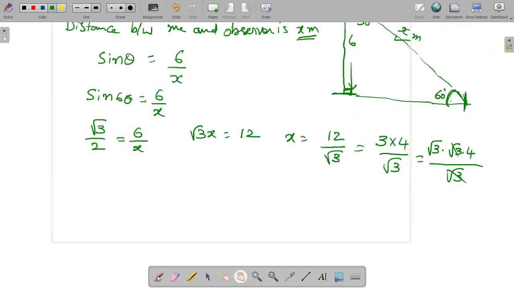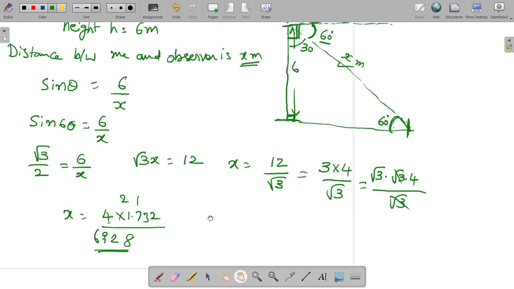So x is equal to 4 into 1.732, which is 6.928 meters.